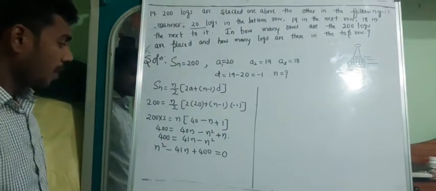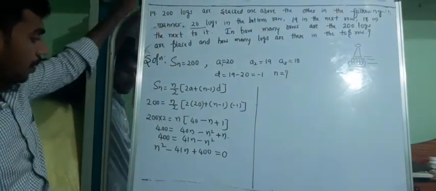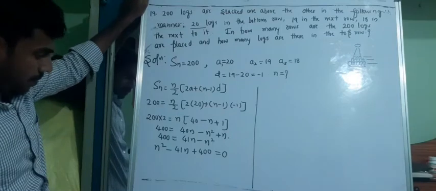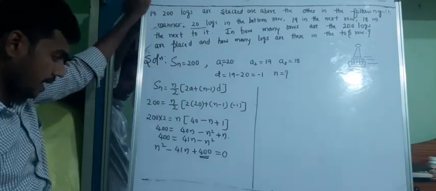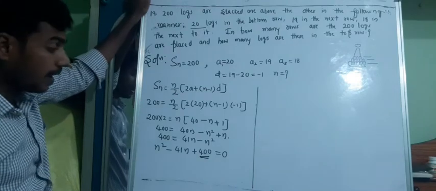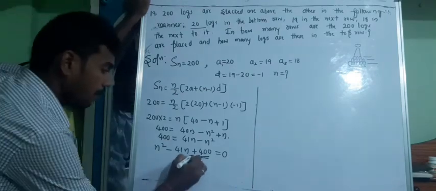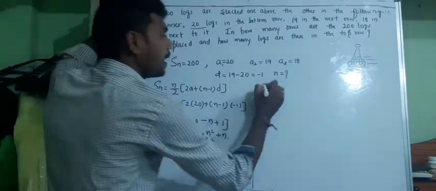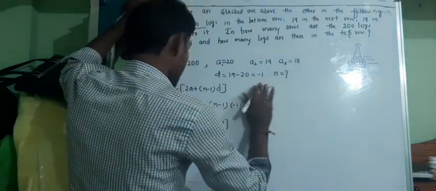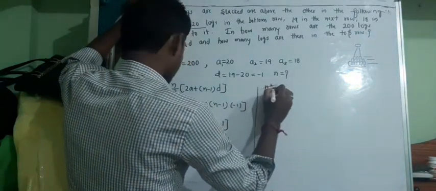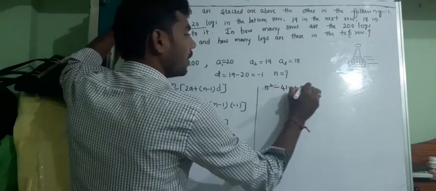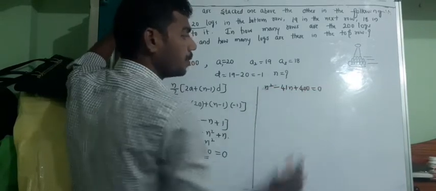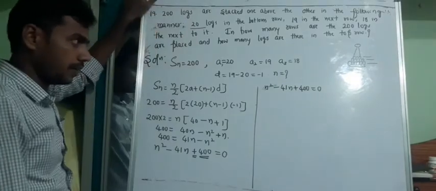So now I need to get 400 when I multiply. Same thing I am going to write here: n square minus 41n plus 400. We need to solve this quadratic equation. You know how to solve the quadratic equation.